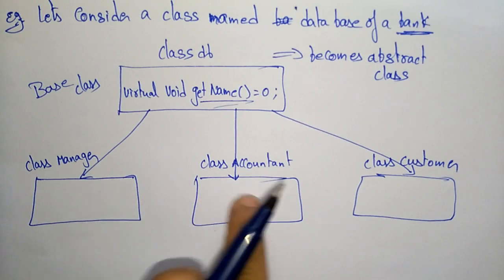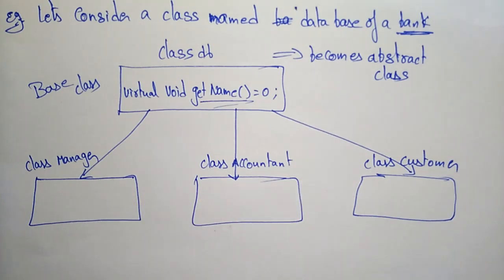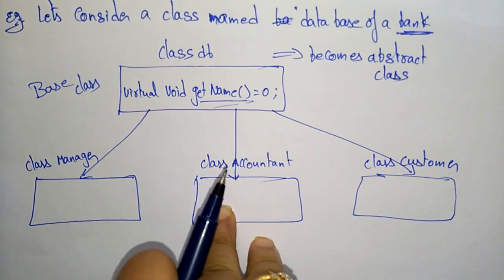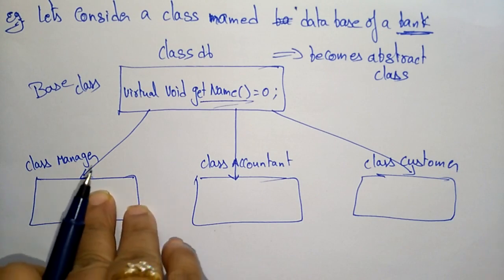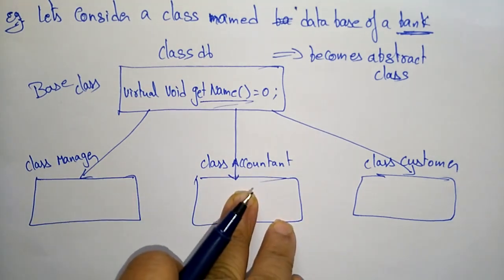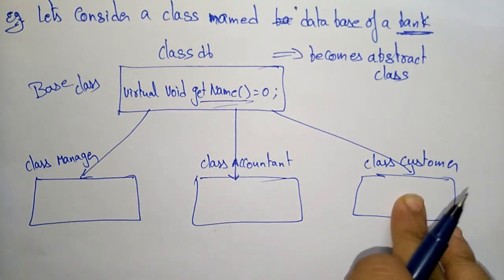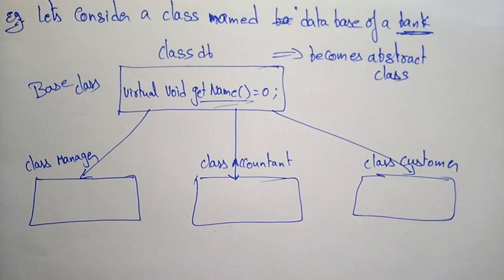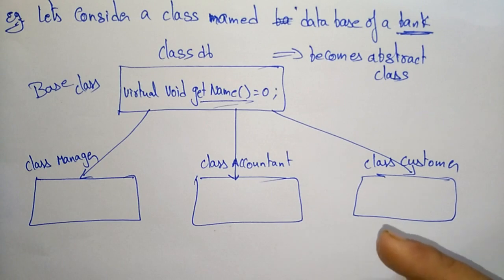And here I write the definition according to their wish. The manager, by using that name, can update his account. The accountant can overwrite his name or update his amount, or the customer can check his values, meaning check the amount present in his account.